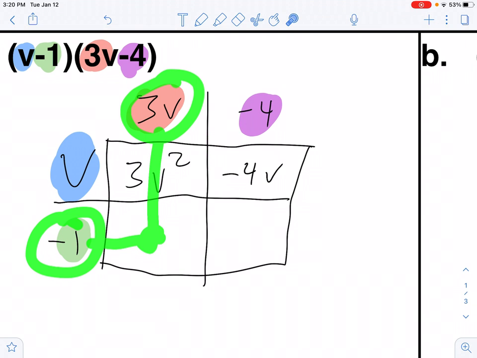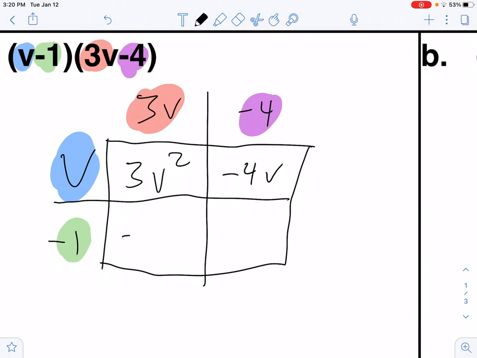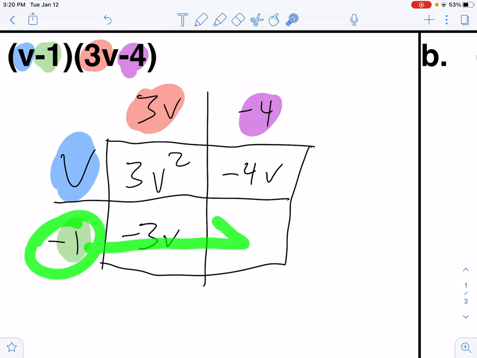So I'm doing negative 1 times 3v. Negative 1 times 3 is negative 3, and there's nothing multiplying with the v to change it, so it's just going to stay as v. And then finally, I have negative 1 and negative 4, so negative 1 times negative 4 would make positive 4.